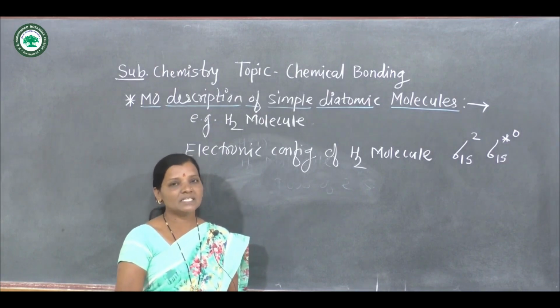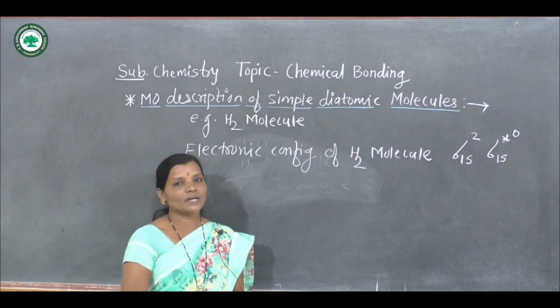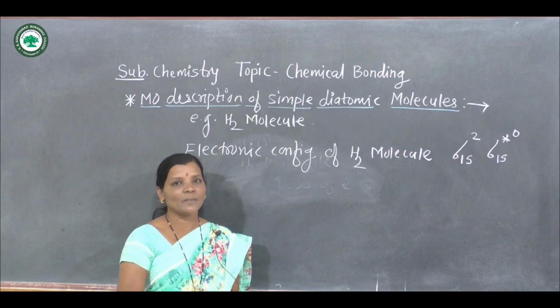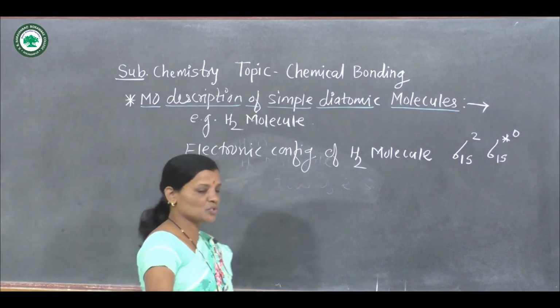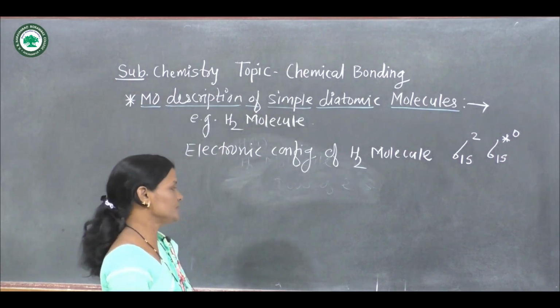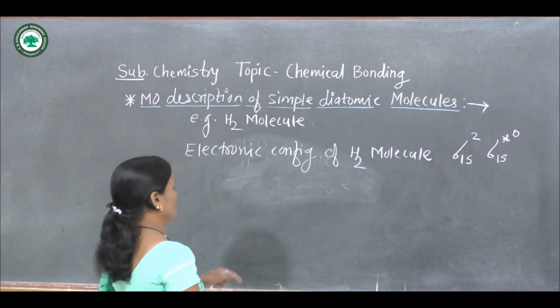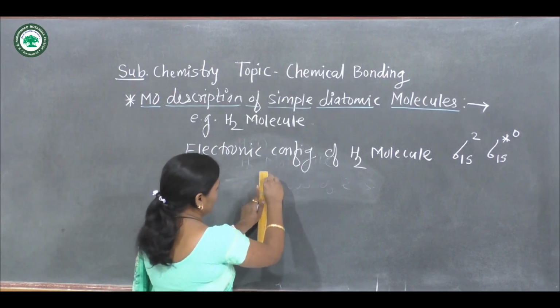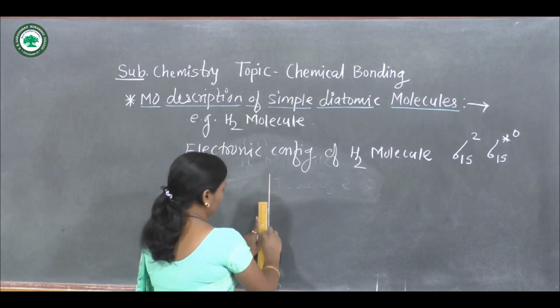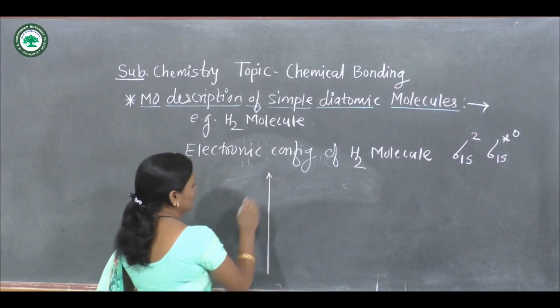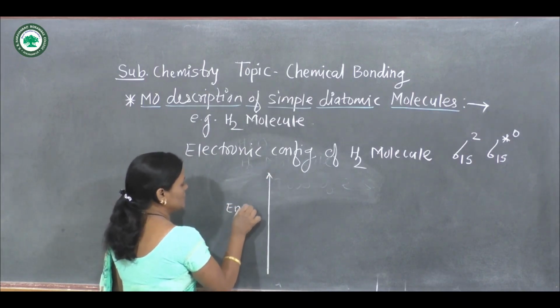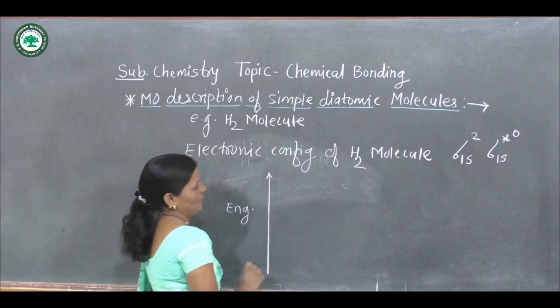Now if we see the molecular orbital diagram for this hydrogen molecule, then the diagram is shown as follows. Here the energy level increases upward, so we have to consider the energy level.